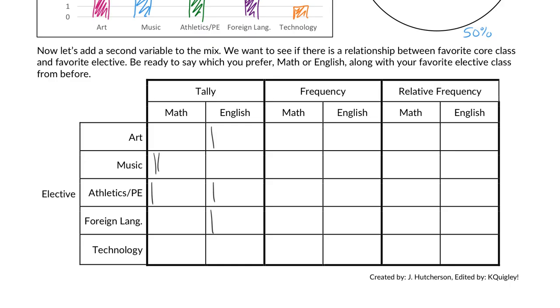Math and music. Foreign language, English. Anna? Math and music. Gerson? English and music. Jackson? Math and tech. Music and math. English and music. Math and music.